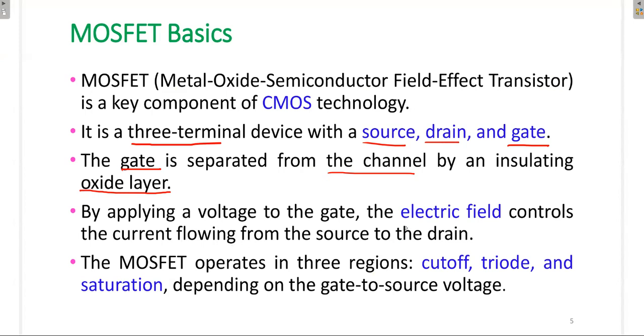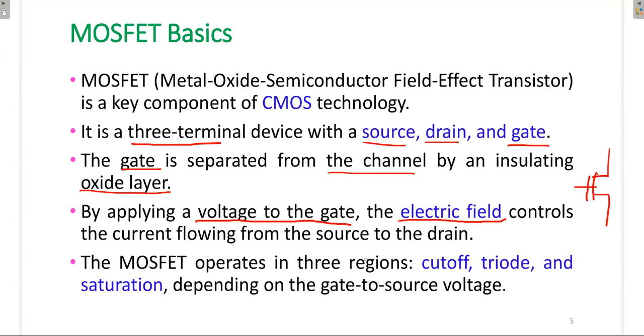Then the MOSFET works under the concept of electric field. That means by applying voltage to the gate terminal, we can control the current flow between the source and the drain.